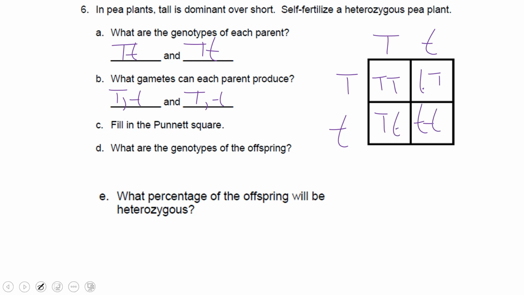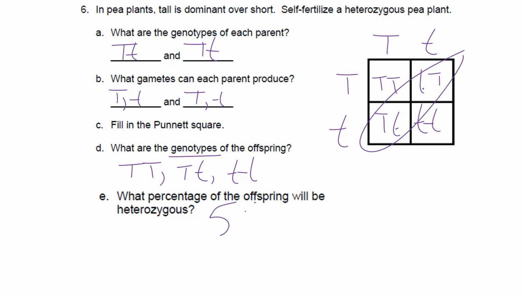What are the genotypes of the offspring? Genotypes means our letters. So we've got big T, big T, little t, or little t, little t. What percentage of the offspring will be heterozygous? These are the heterozygotes, so 50%.